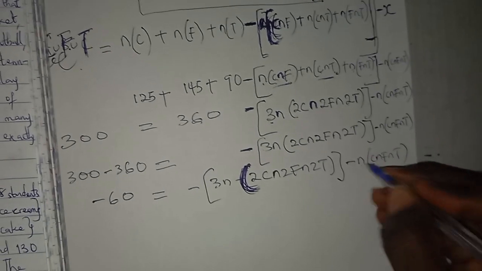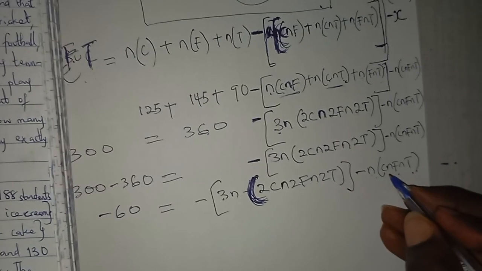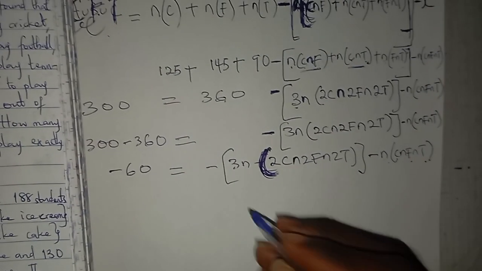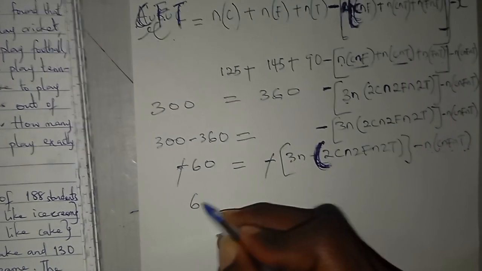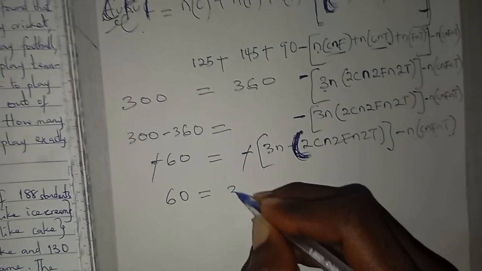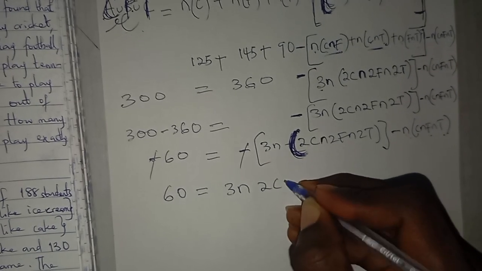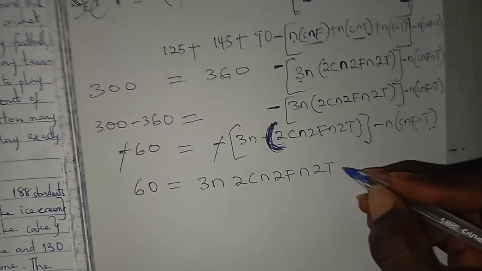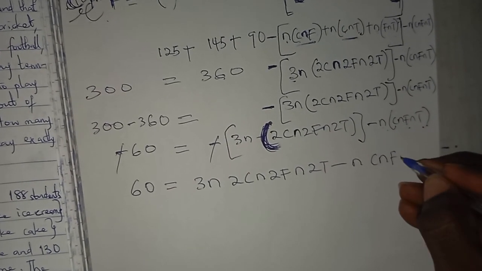This n means nothing. This n means number of people that did this one, but see that it's as if it's having value here. So let's do this thing now. Since this is minus, this is minus, minus will cancel minus. So I have 60 equals to 3n, then I have 2c intersection, 2f intersection, 2t intersection, then minus c intersection f intersection t.